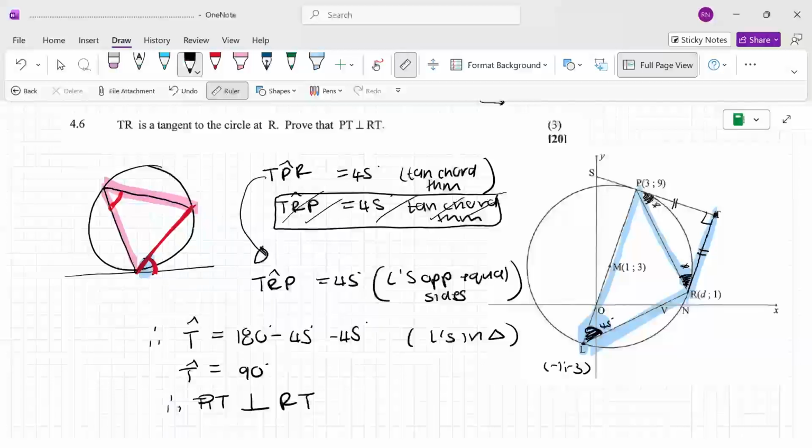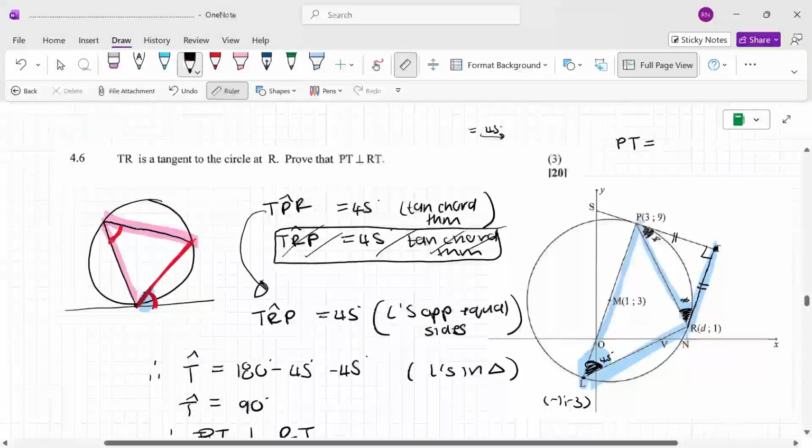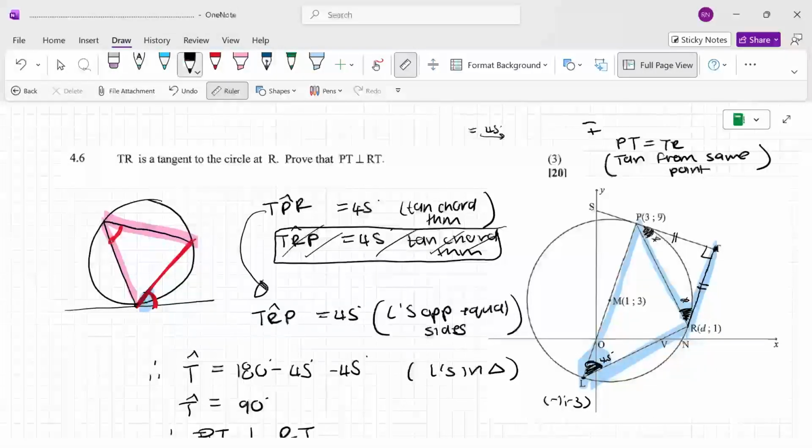Oh, sorry, we didn't say why this is an isosceles triangle. So the first thing you would say is PT is equal to TR, and you'd say tangents from the same point. Sorry, so that's step number one before all of this, to say that those two are the same so that we can use isosceles triangles.